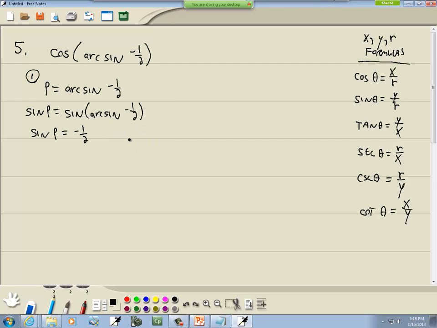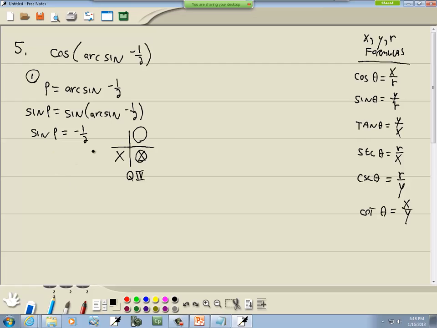Now let's think quadrants. Arc sine, that's valid from negative pi over 2 to pi over 2, so these two quadrants. Now this is saying sine is equal to negative 1/2. Sine is y, so that's our y. So that's saying y is negative, which is in third quadrant and fourth quadrant. So where they're both true is quadrant 4.